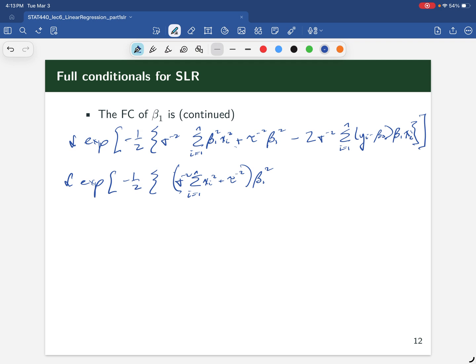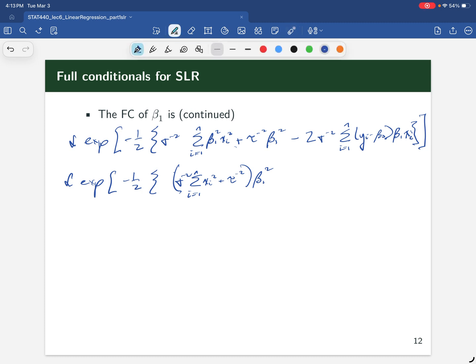I'm going to also pull a beta 1 out of this second term. It's not really going to change it a whole lot, but the sum is being indexed by i. So this term changes with i. The xi changes with i. But the beta 1 does not. So I can pull that out of the sum.